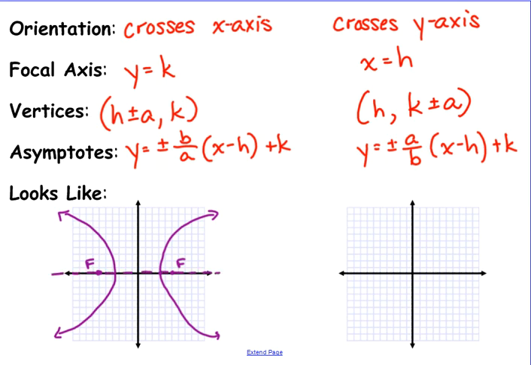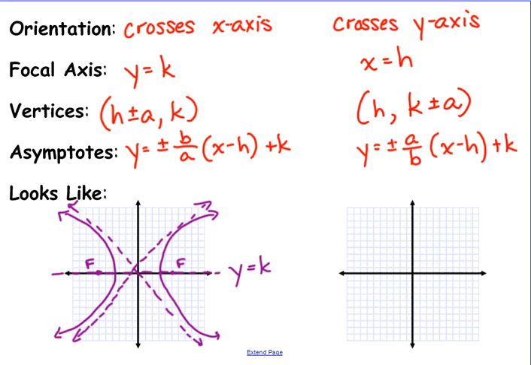So this would be our focal axis, the y equals k. And our asymptotes are slant asymptotes. So asymptotes are always dotted. Okay, just like with our rational functions way back when, it gets really, really close to the asymptote, and that describes its end behavior.